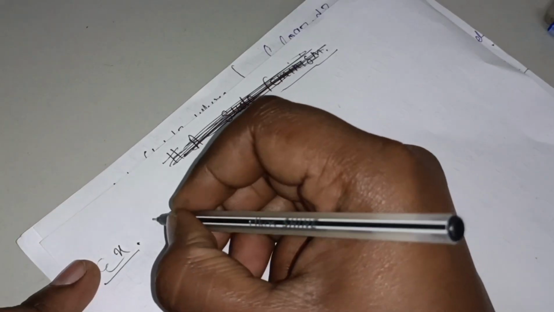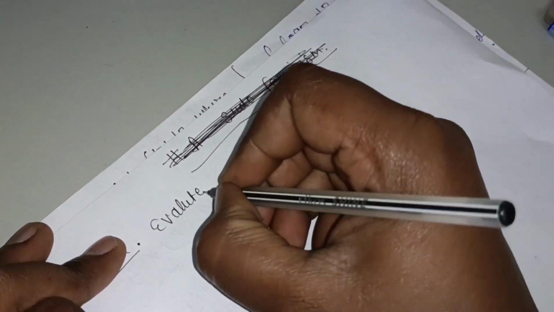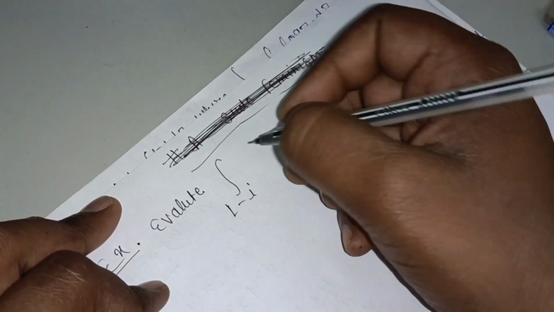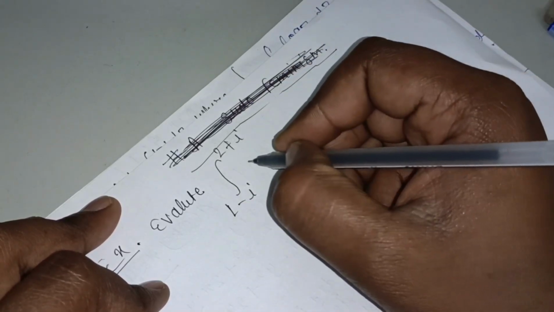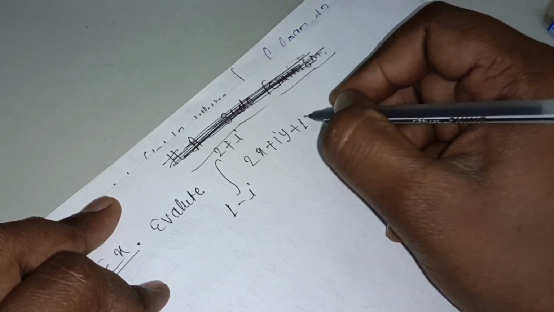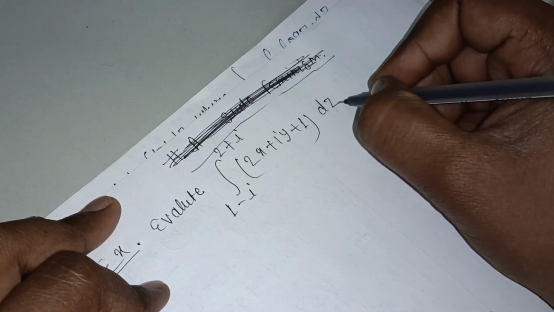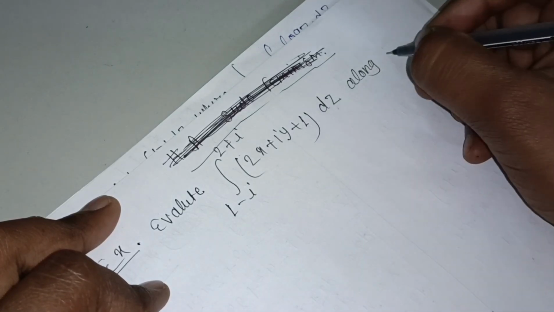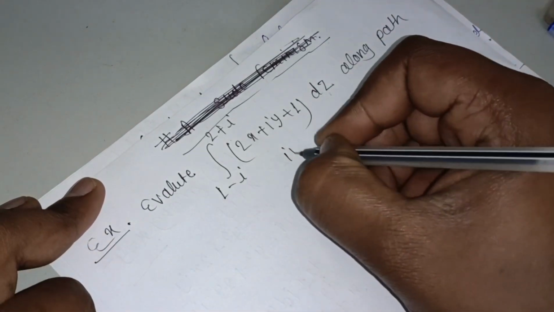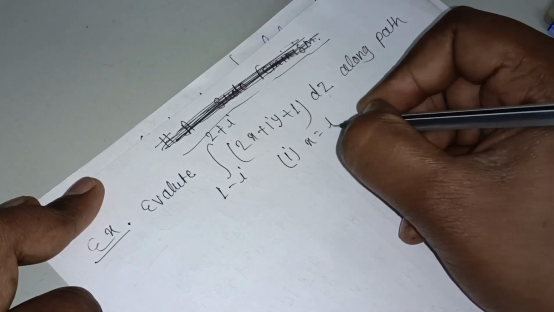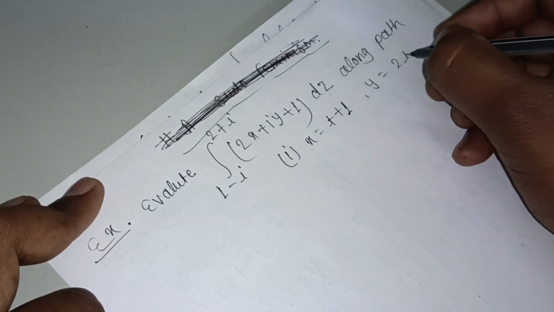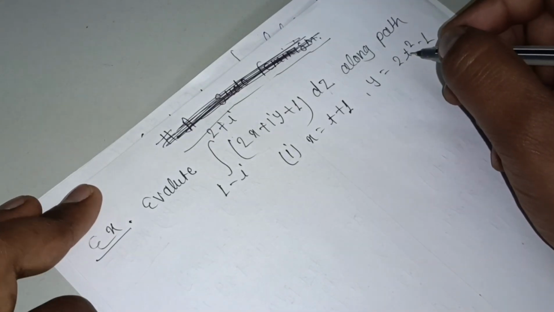Well, so evaluate the integral of 1 minus iota to 2 plus iota of 2x plus iota y plus 1 dz along path: first, x is equal to t plus 1, y is equal to 2t square minus 1.